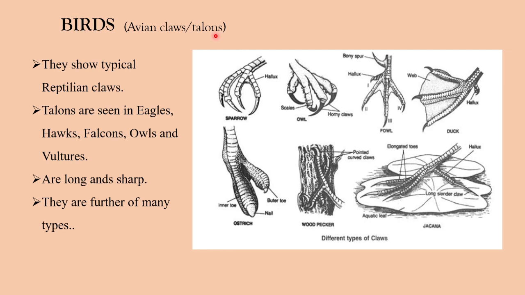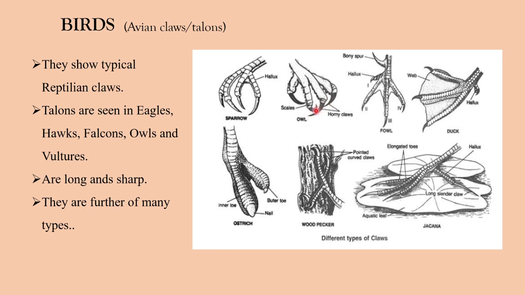They are of many types. In the sparrow, the claws are designed for perching. In owls and other birds of prey, they are for striking and grasping the prey. Birds show typical reptilian claws where the unguis is long and covers the subunguis.